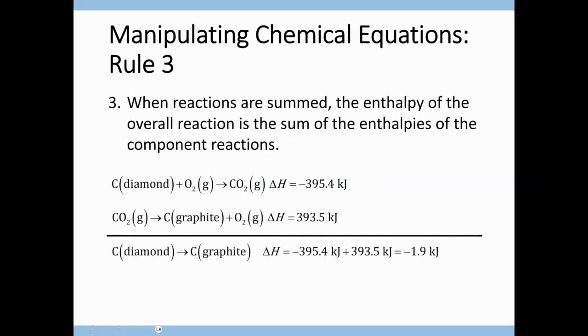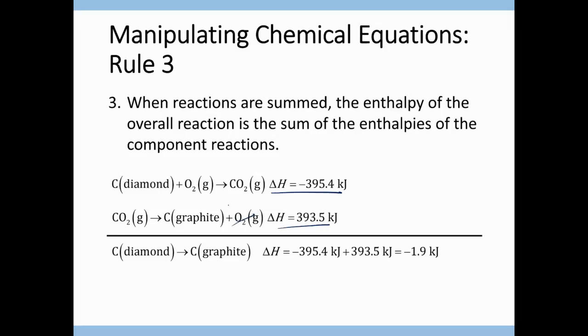And then the next rule, we also use this in the previous example: when reactions are summed. For the previous example, we added those 2 reactions together and canceled out what's present on both sides. We do the same thing here. So if we take carbon in diamond form and add oxygen, that produces CO2, which has its own change in enthalpy. We take CO2 and form carbon in its graphite form and oxygen, which has its own enthalpy.